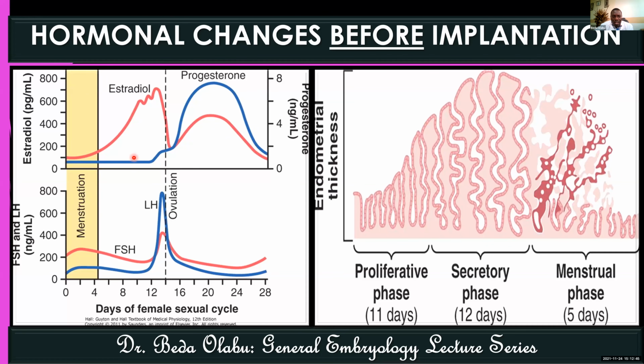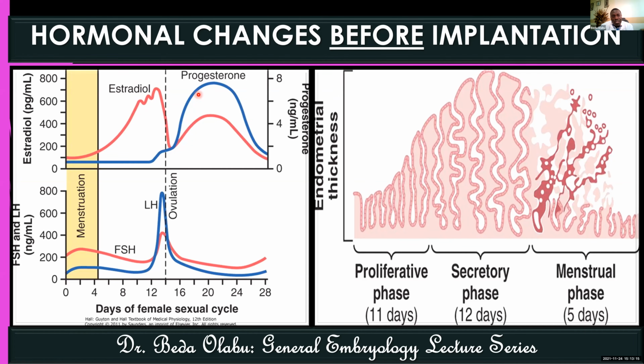These are the hormonal phases of the ovary on your left-hand side, and these are the endometrial events on your right-hand side. When estrogen levels are rising, that causes proliferation of the endometrium. When the levels of progesterone are high, in the progesterone phase, that causes endometrial glands to develop and the blood vessels to become more numerous, so we call it the secretory phase.